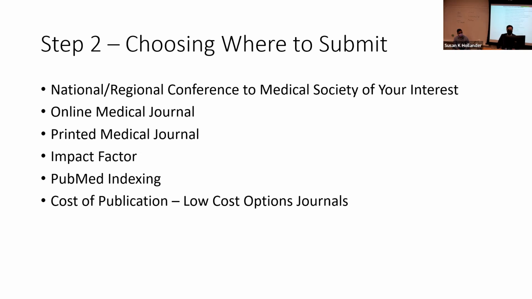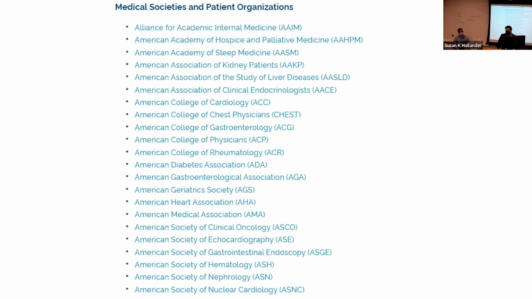But in general, when you look at large medical societies, you can see here, this is just all the medical societies that begin with the letter A that are under internal medicine.